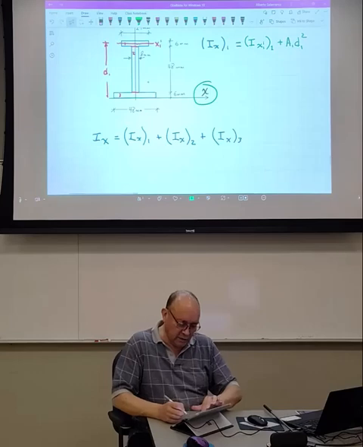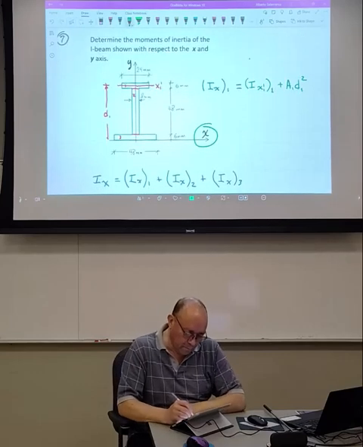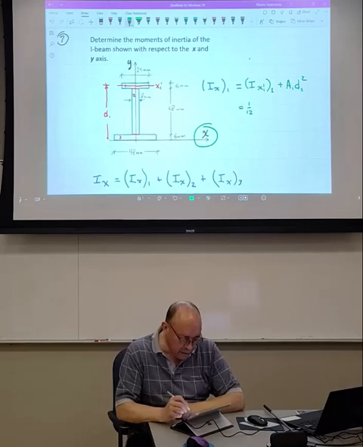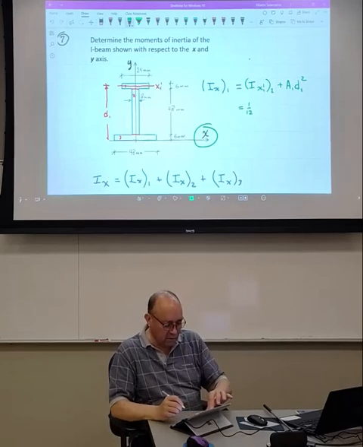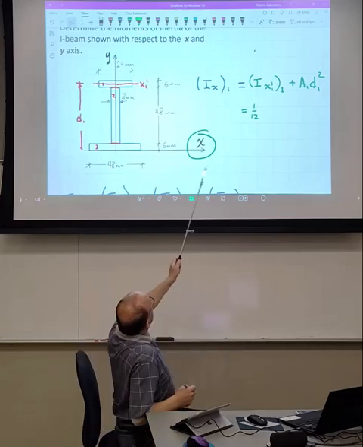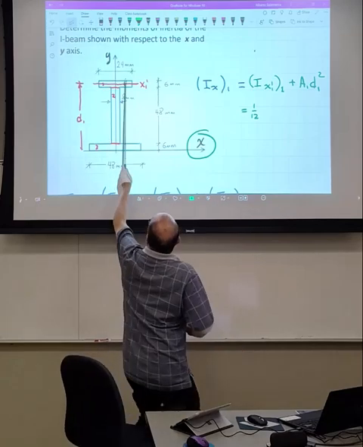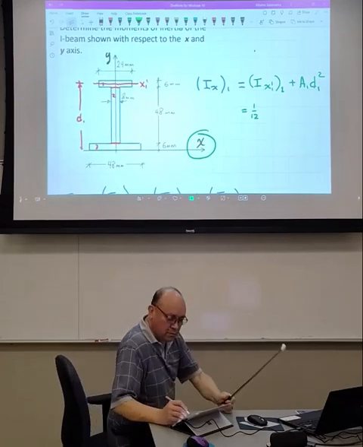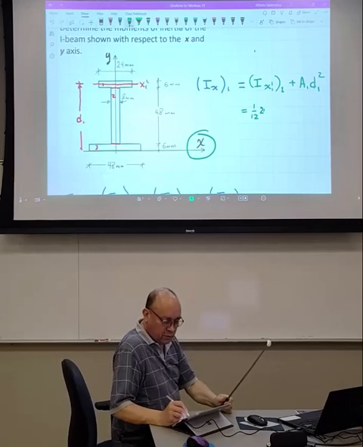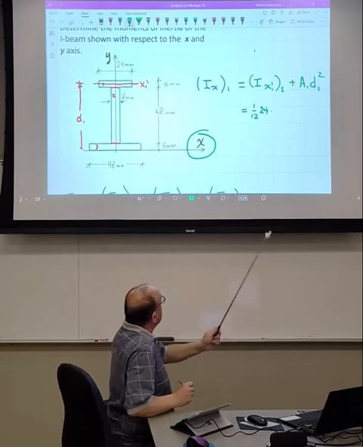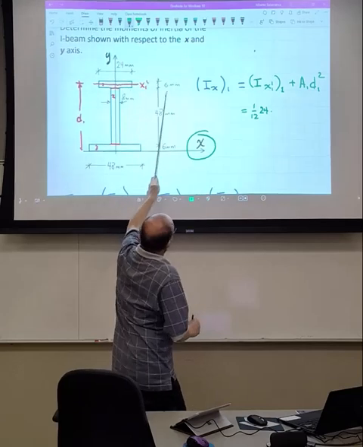So this one is equal to 1/12. What is b for that little rectangle? For the little rectangle, b is 24. And what is h? h is 6.